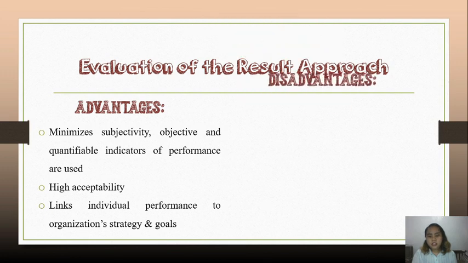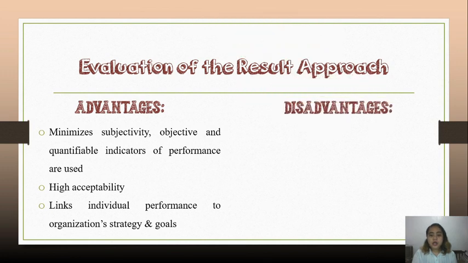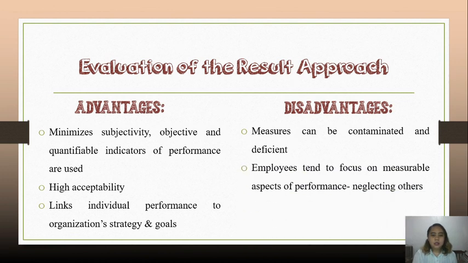And the disadvantages of the result approach are: measures can be contaminated and deficient, employees tend to focus on measurable aspects of performance while neglecting others, and feedback lacks behavioral aspects. So that's the advantages and disadvantages of the result approach.